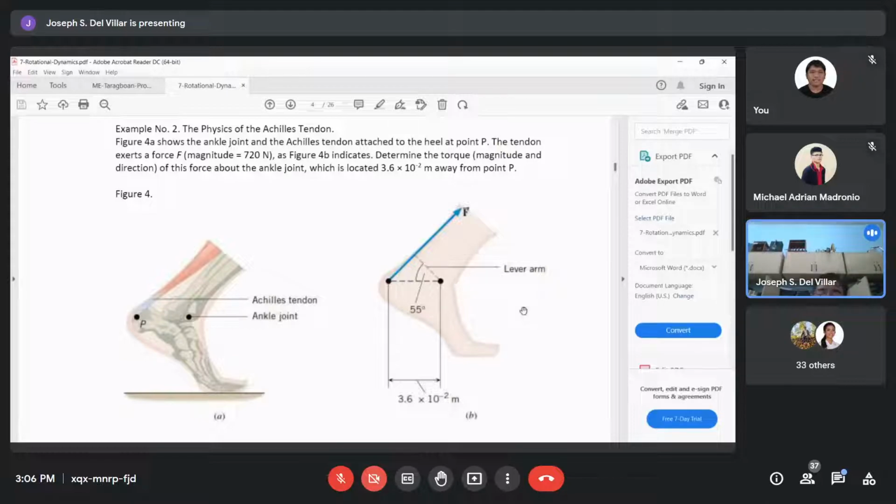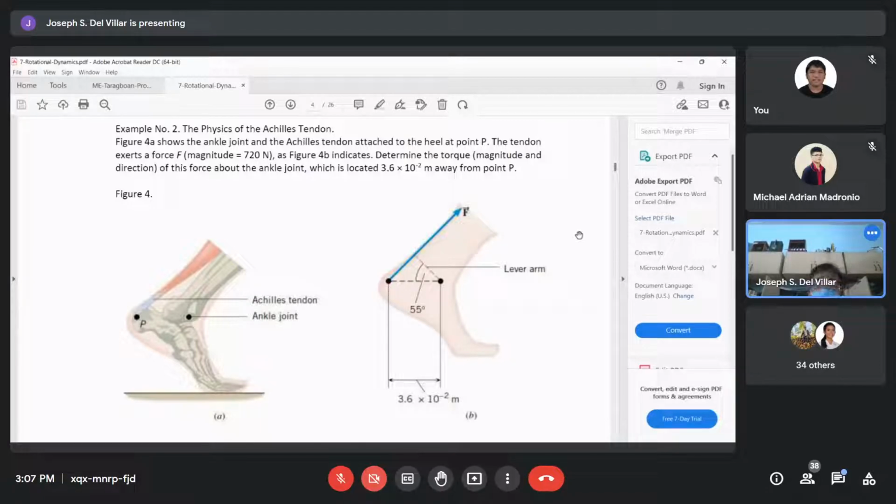Okay, so nandito yung force. Nakita niyo yung blue line na arrow, na may arrow. Okay? So that is the force exerted by the tendon. So halimbawa, yung magnitude daw nun is 720 newtons. Okay? Now, find the torque, meaning to say, solve for the magnitude and direction of this force about the ankle joint, with respect to the joint.